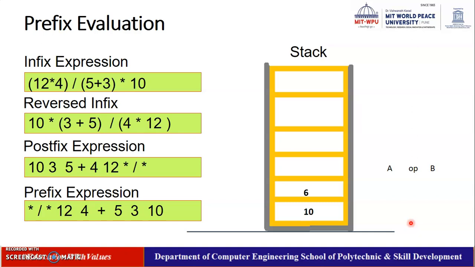Now you have only one character left in your prefix expression, the multiplication sign. Again you pop the top two elements; here only two elements remain in the stack, so the stack will be empty after the two pop operations. 6 is popped as A and 10 is popped as B. The result, 6 into 10 is 60, is pushed on the stack again.